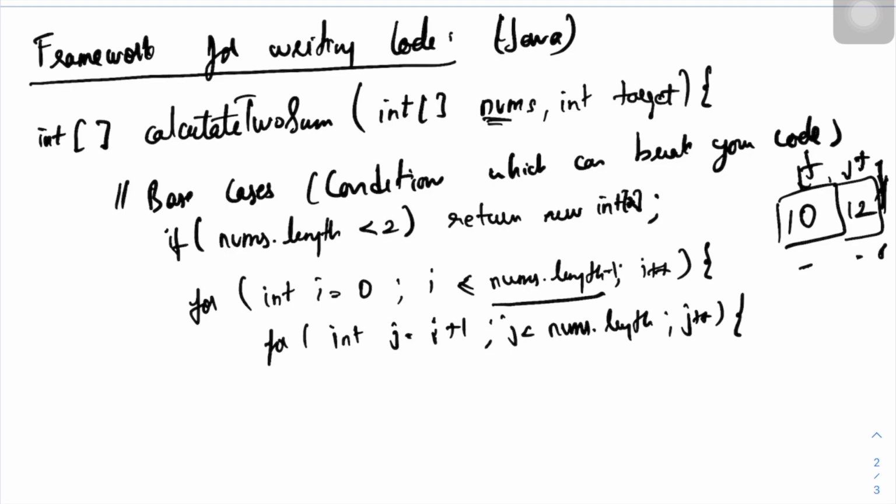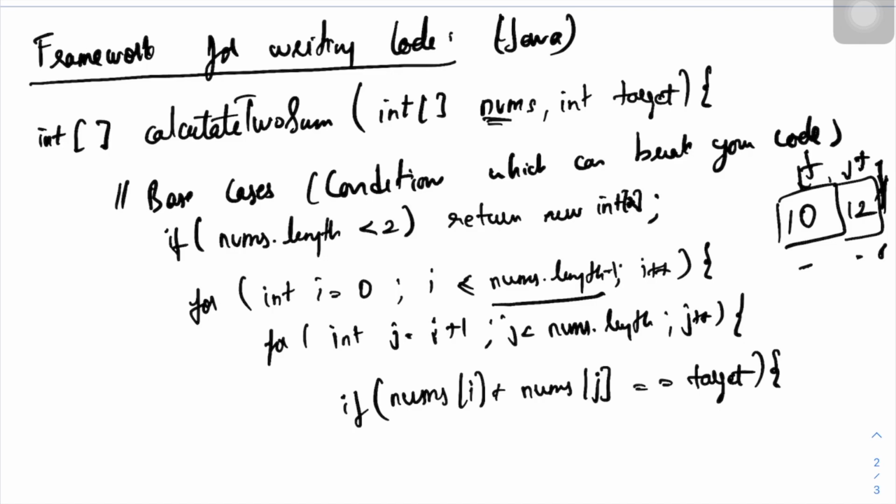Now we have to sum up the values at these two indices, and if this is equal to target, this should be our condition.